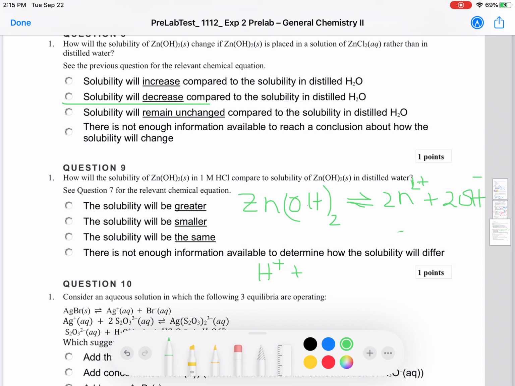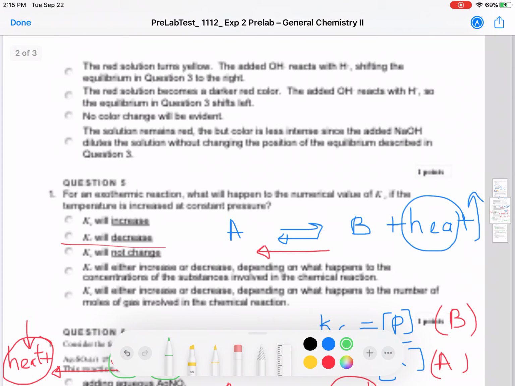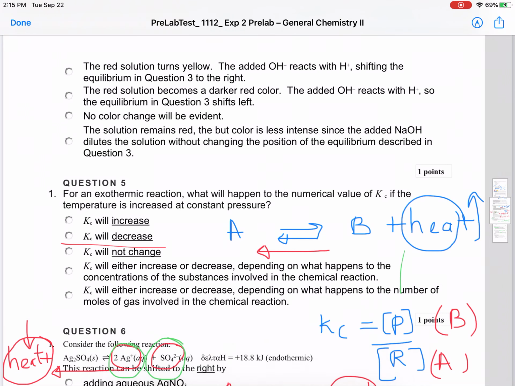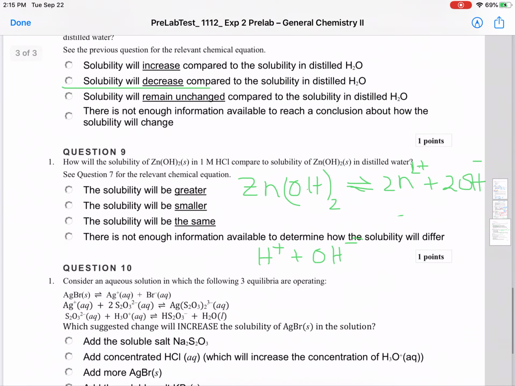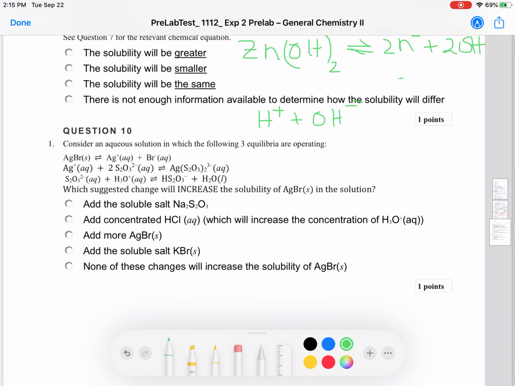So this H plus that we added is going to react with hydroxide ions, and it's going to form water. When you add H plus, hydroxide ions, which are one of the products, are going to be removed from the solution.